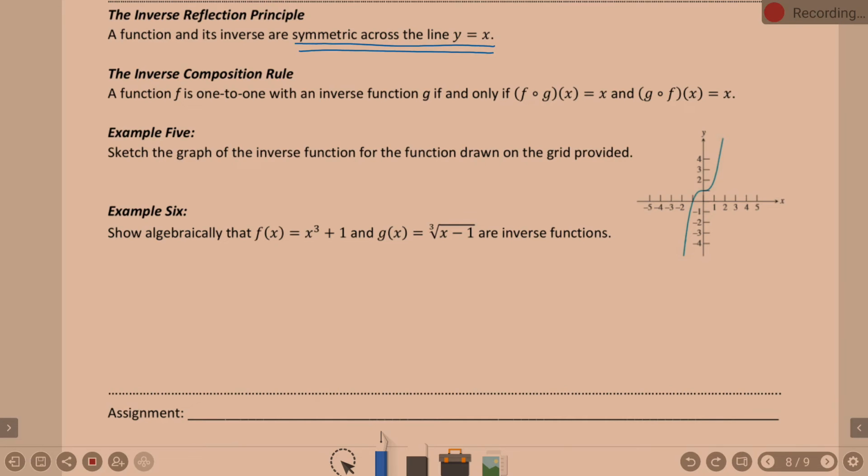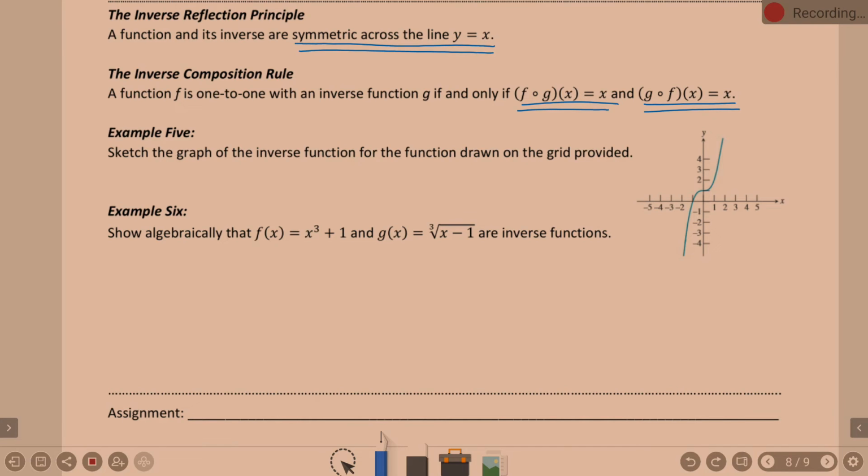Now, the other thing we're going to talk about down here is the inverse composition rule. Compositions are like f of g and g of f. A function f is one-to-one with an inverse function g if and only if f composed with g of x equals x and g composed with f of x equals x.